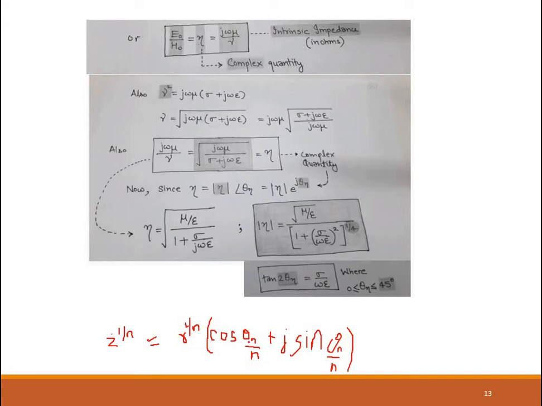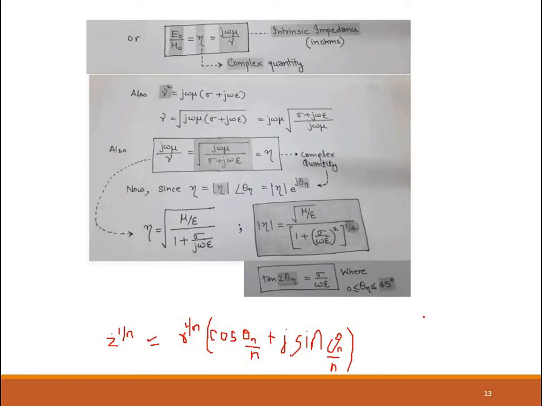So it becomes cos 2 theta n plus j sine 2 theta n. And that is why you are actually having the tan 2 theta n over here. Because in the denominator itself, I'm going to replace it as 1 by 2 and 1 by 2. And so that's how you get this expression.